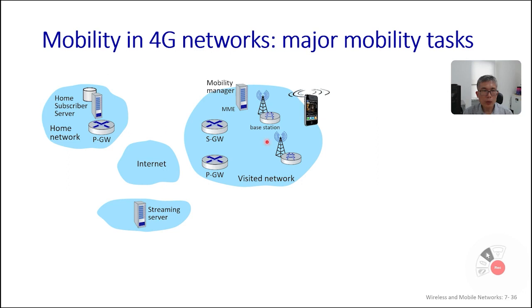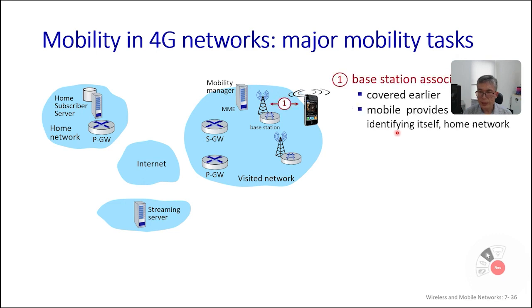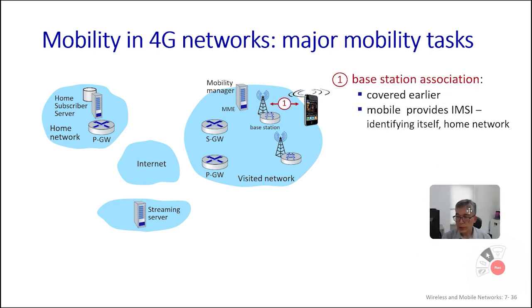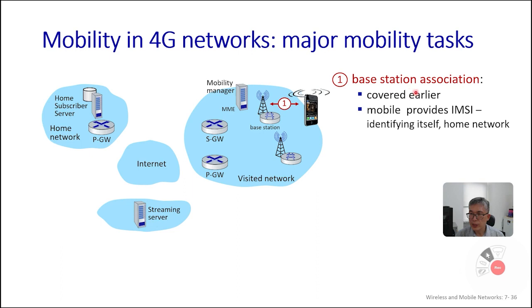From now on, mobility in 4G networks, the major mobility tasks. The first is base station association, which we covered earlier. First of all, the user equipment, the smartphone, makes an association with the base station, identifies this node, registers its information, and is allocated an IP address from the base station.